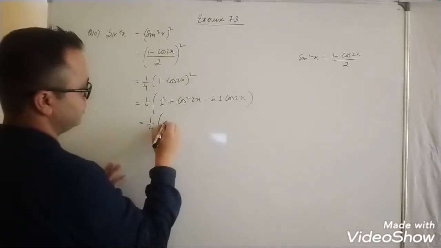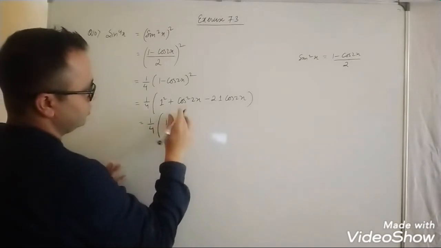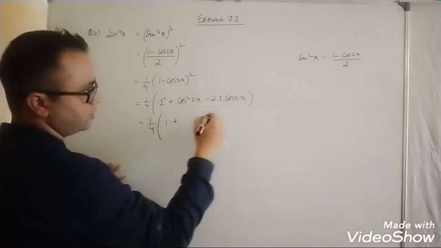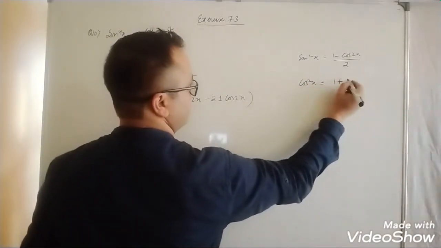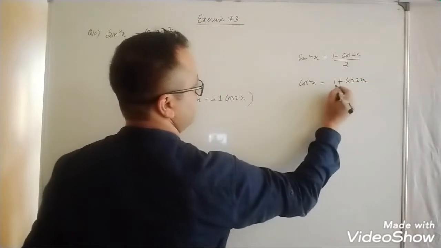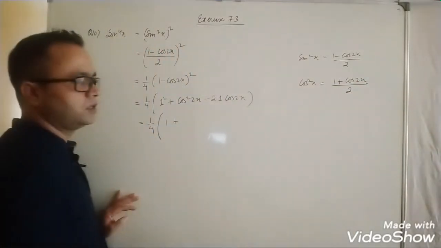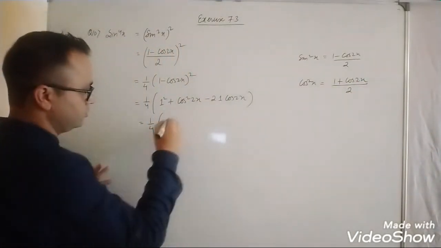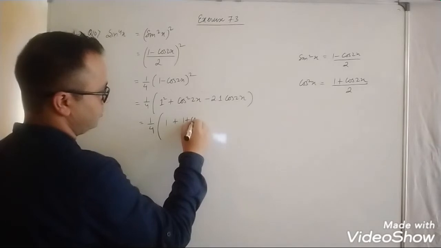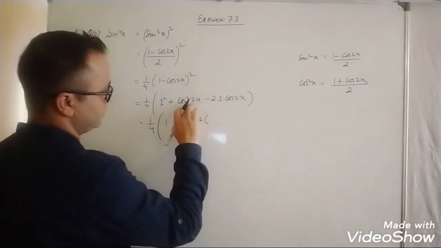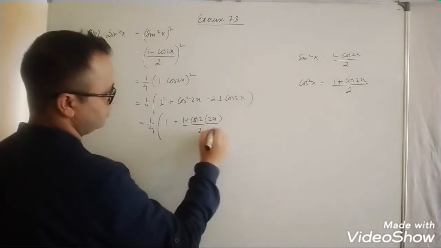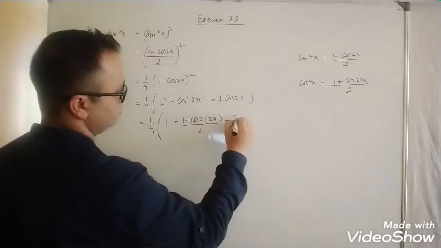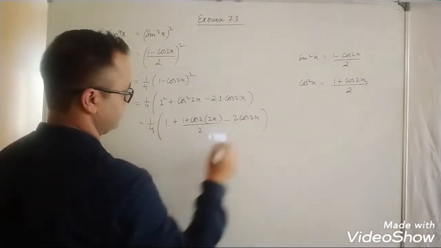Now 1 by 4, 1 square is 1, plus, what is the formula of cos square x? Cos square x is 1 plus cos 2x divided by 2. So it is 1 plus cos 2 into 2x divided by 2 minus 2 cos 2x.